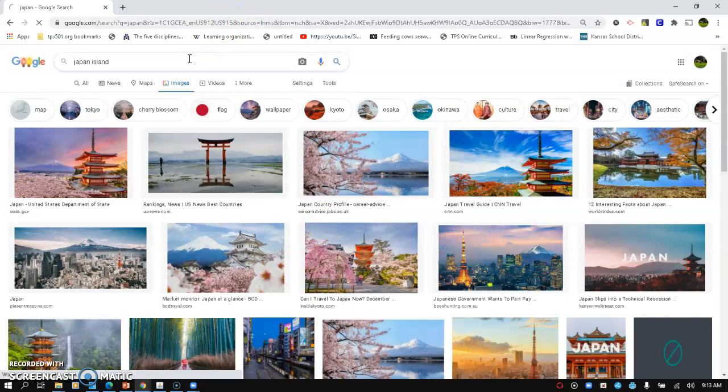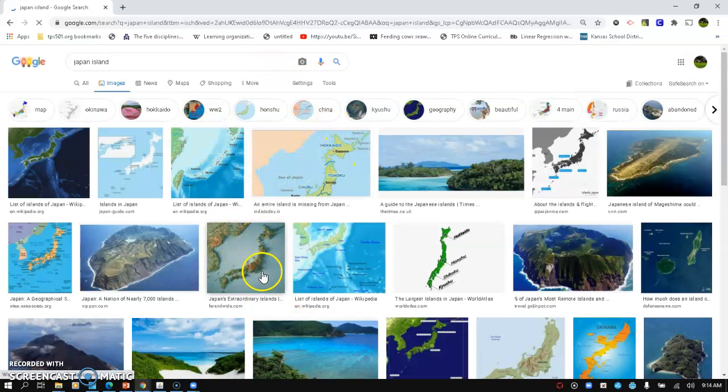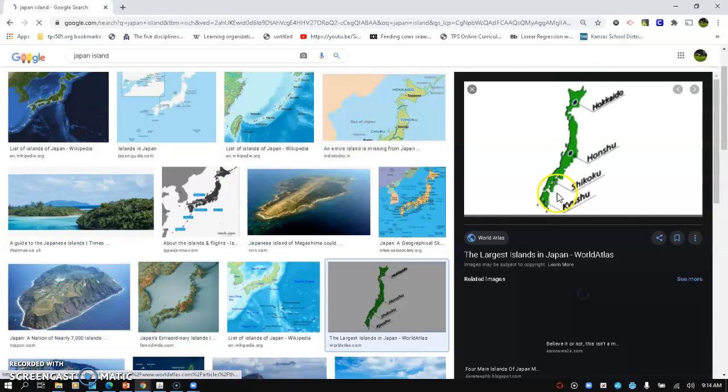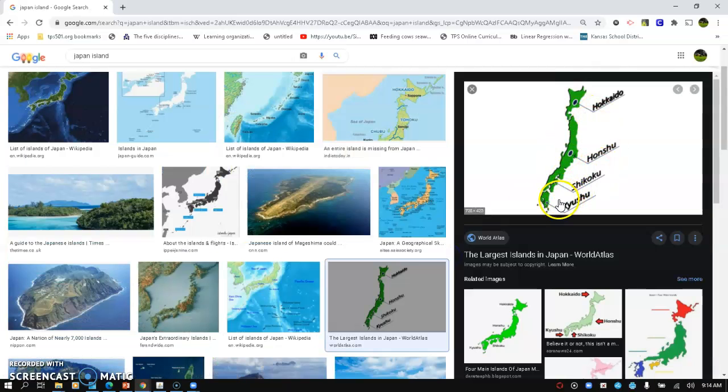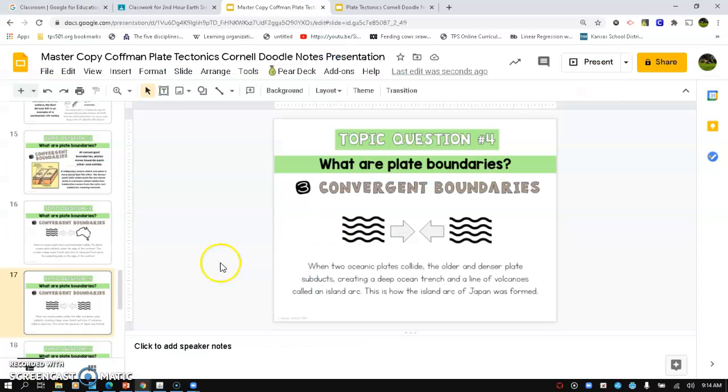Now, this area is full of countries with islands, islands, islands. Same way that the Philippines is, because this is on, so here's the island of Japan. Indonesia has 20 to 30,000 islands. Same way with the Philippines, which is in the same area. There's Japan once again, and it's basically a whole bunch of island arcs.